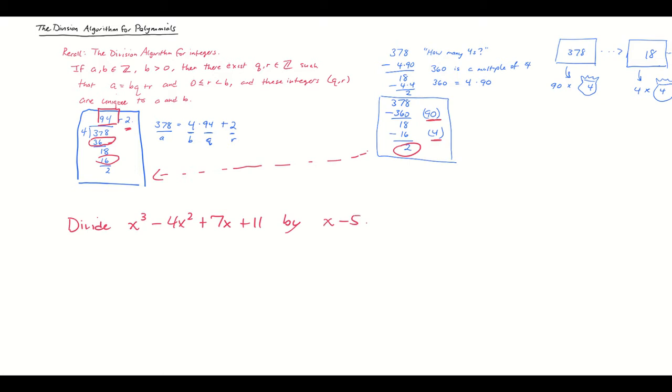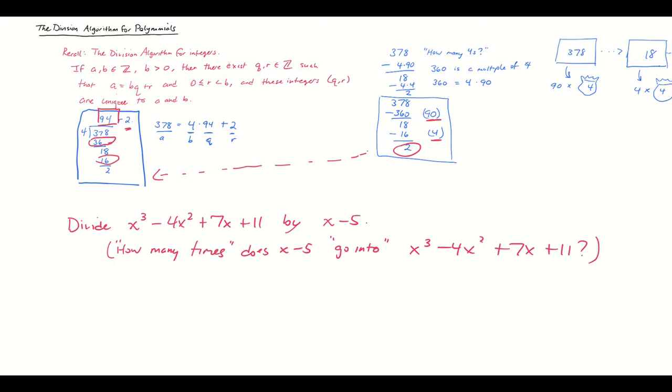All right, so I want to figure out how many times, and I'm going to put that in quotation marks because that's a really wobbly concept here, but we are kind of thinking how many times does x minus 5 go into, again in quotation marks, x cubed minus 4x squared plus 7x plus 11. But in this case, our interpretation of how many times does this go into is much more algebraic.